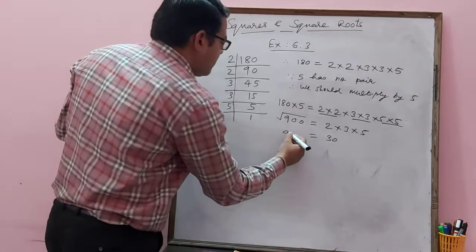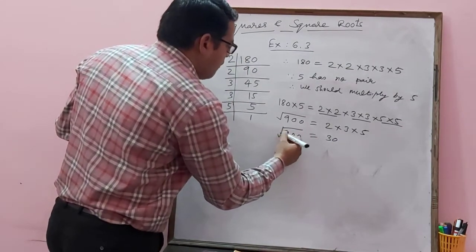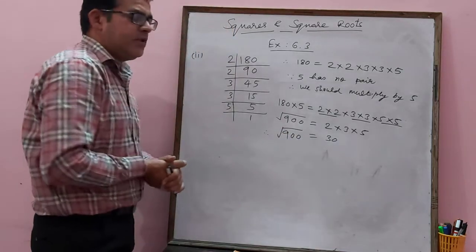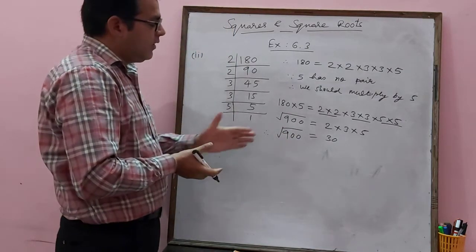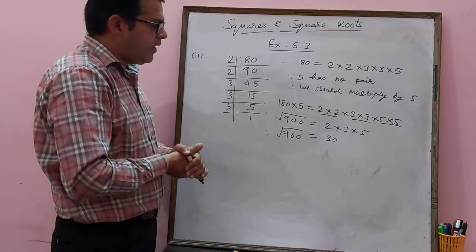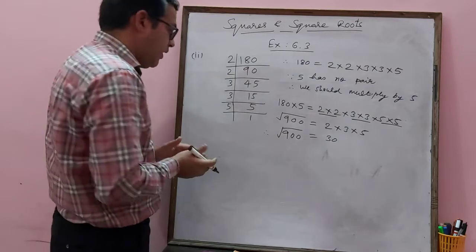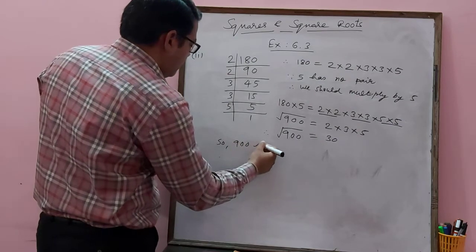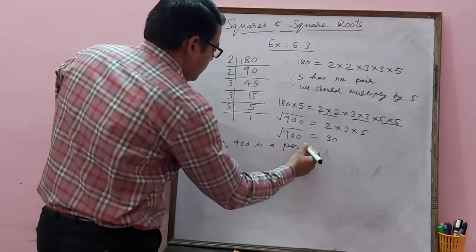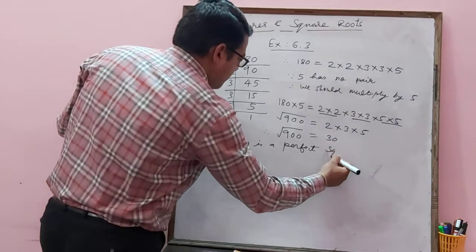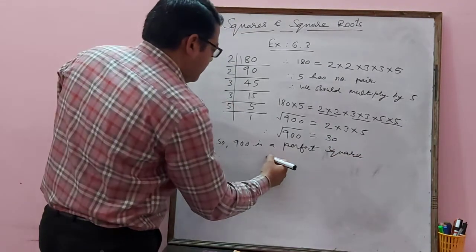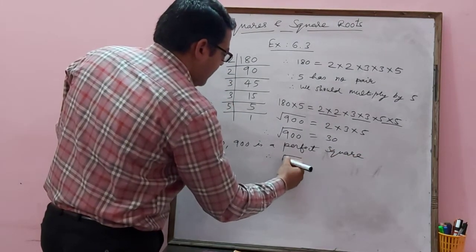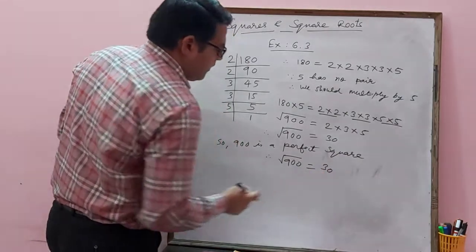It means the square root of 900 is 30. 900, you can see here, is a perfect square number, and the square root of 900 is 30.